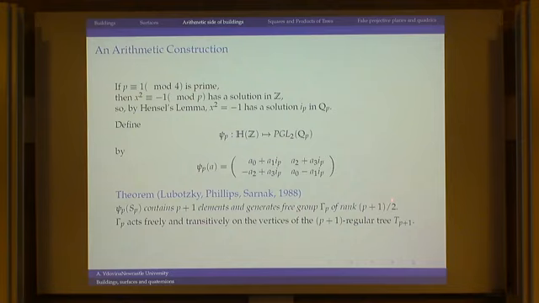Remember, I started with a Cayley graph of a free group, and this group Gamma_p acts freely and transitively on the vertices of the (p plus 1)-regular tree. I think we will denote it T_{p+1}.